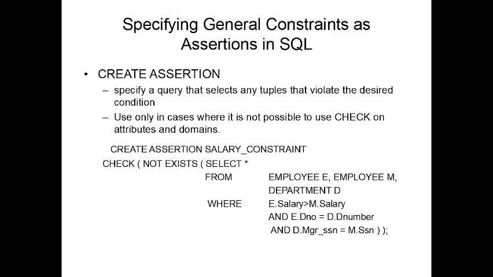for the assertion to be satisfied. The constraint name can be used later to disable the constraint or to modify or drop it. And the DBMS is responsible for ensuring that the condition is not violated.